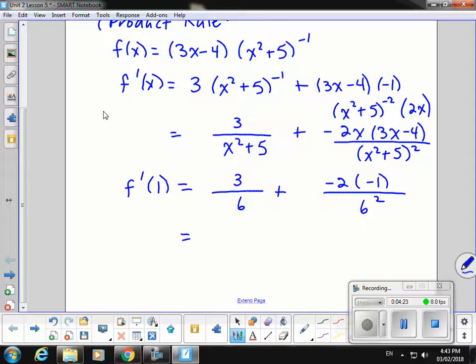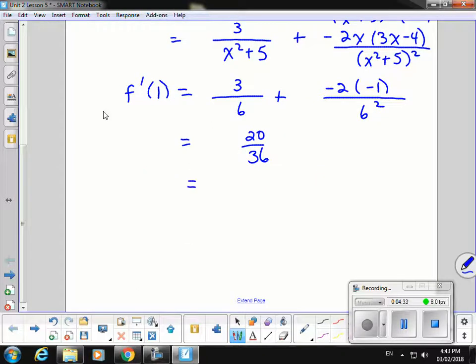I'd have 20 over 36. You're trusting me with a common denominator in my head? If you did 20 over 36, and you were to reduce it by a factor of 4, you would have 5/9. And guess what? 5/9 is decimal 5 repeating. So we found it by using the product rule.